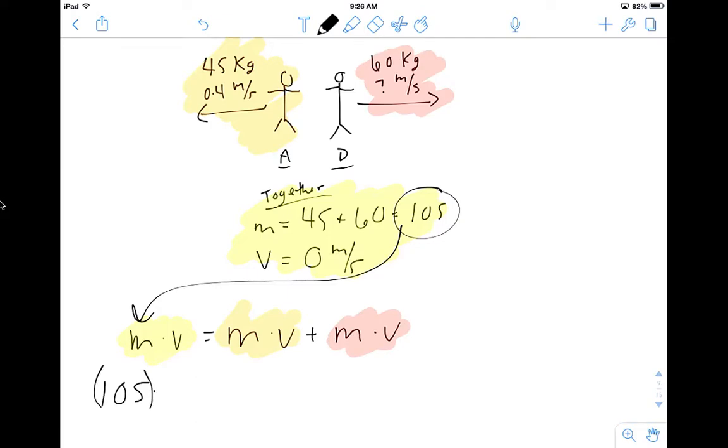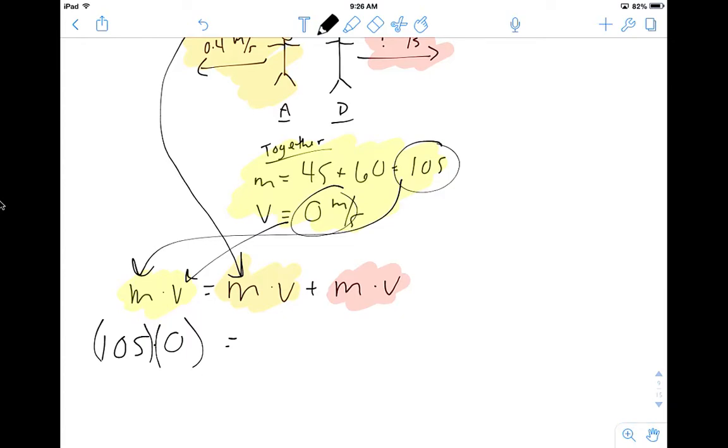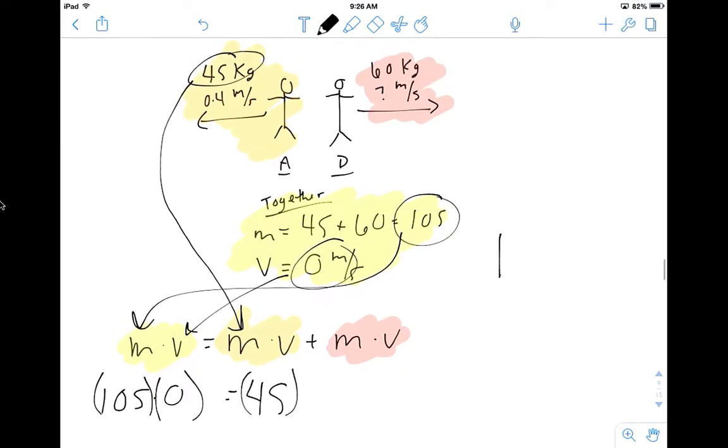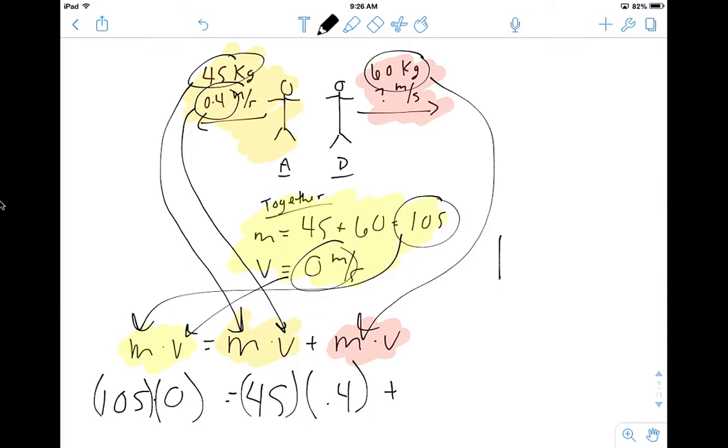We'll do parentheses. I've got 0, which plugs in there. I've got 45 as my mass for the orange. 0.4 is my velocity for the orange. 60 is my mass for the red. And I don't know my velocity.